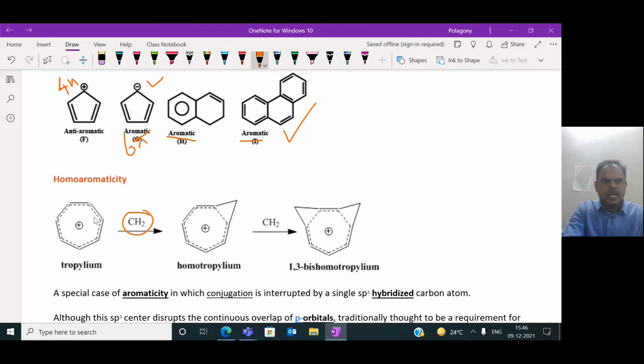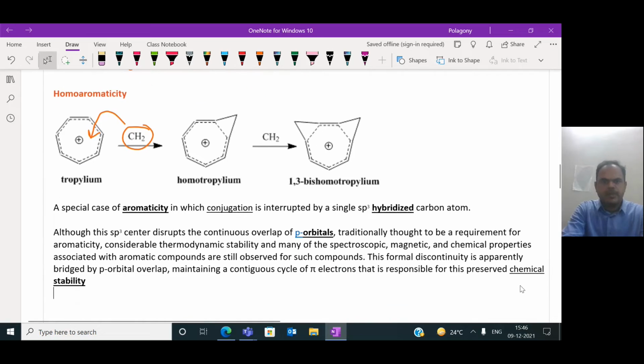So when a methylene group is added to this tropylium ion, then it gets the homoaromaticity property. When a methylene group is introduced to this tropylium ion, then we can get the homotropylium ion.